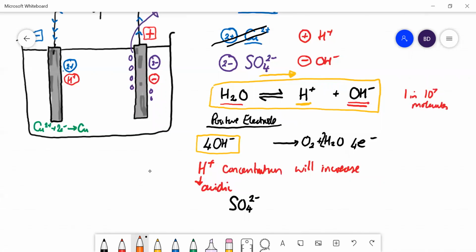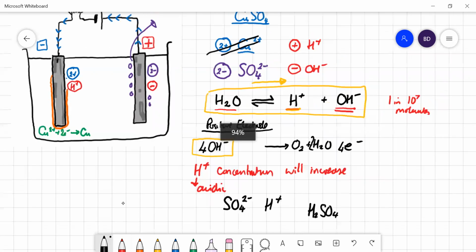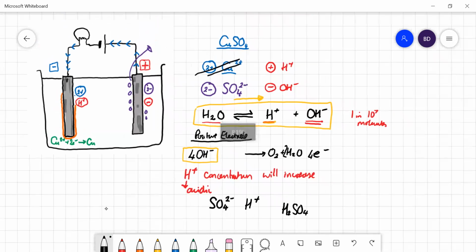So there's the copper forming there on the electrode. But what's going to be left behind? OH minuses get removed, but the H plus from the water will accumulate. So you get H pluses. And if you put those together, you get H2SO4. So essentially that copper sulfate solution turns into H2SO4, which is of course sulfuric acid.